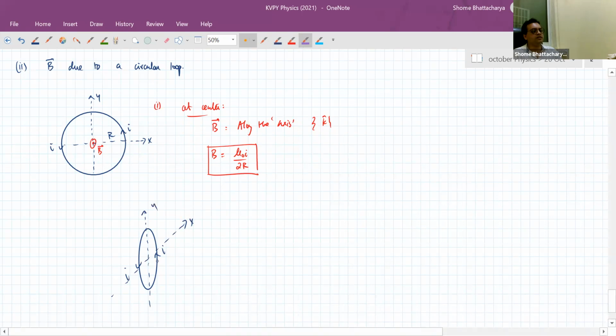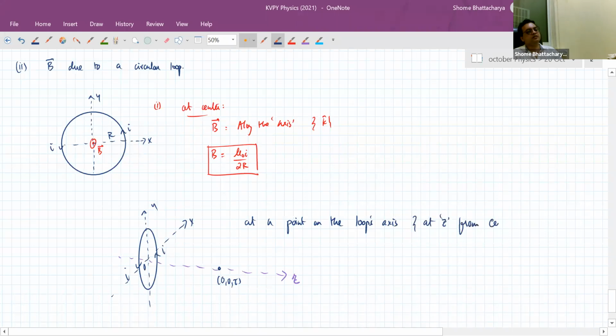If I look at a general point along the Z axis, at 0, 0, Z, that is, at distance Z from the center.